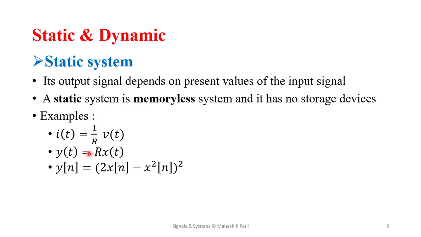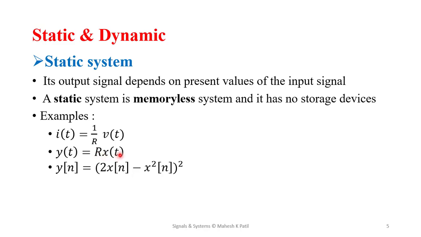So these are the examples. We can observe these signal equations here. i(t) = (1/R) v(t), meaning current is equal to voltage upon resistor. It is a static system because as you vary the voltage and resistor, accordingly we get the current there. Also observe the second equation, y(t) = r x(t), where x(t) is the input and r is a constant number.